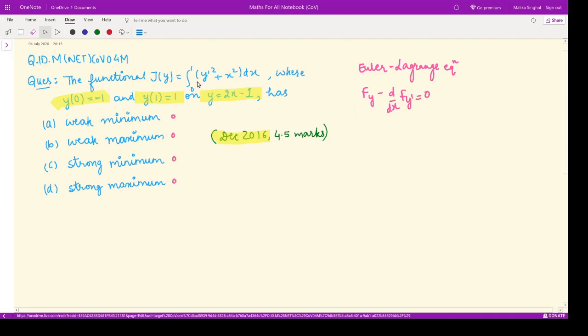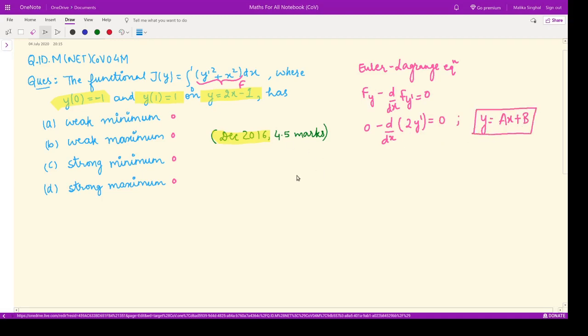So in this case this is our f. What is f of y? It is 0 minus d dx of f y dash. So it is 2y dash is equal to 0. We have solved this kind of equation many times. So its solution would be y is equal to ax plus b. You can check this, right?